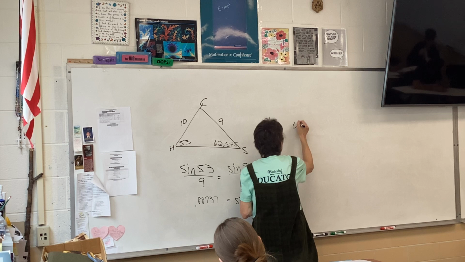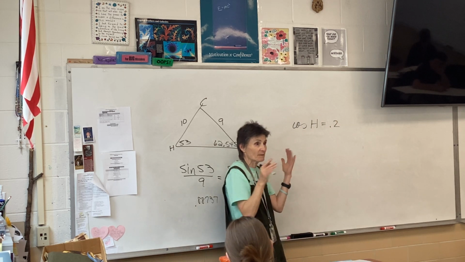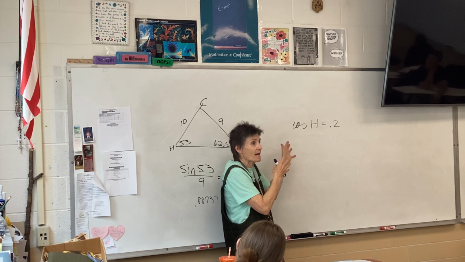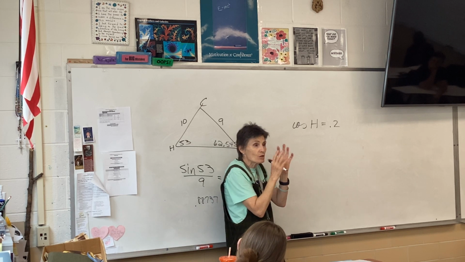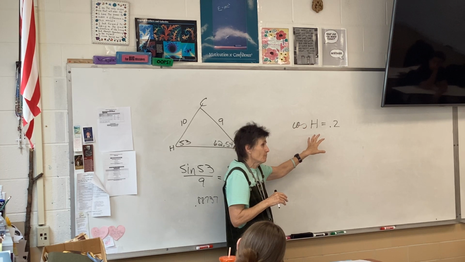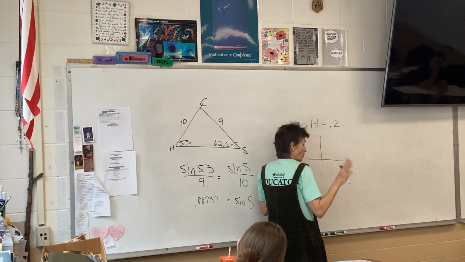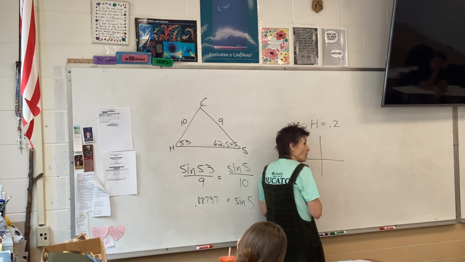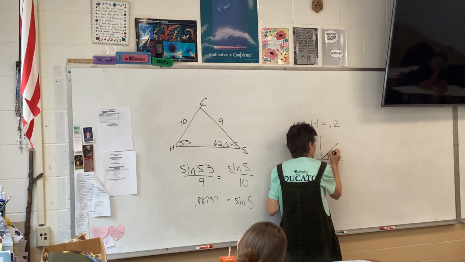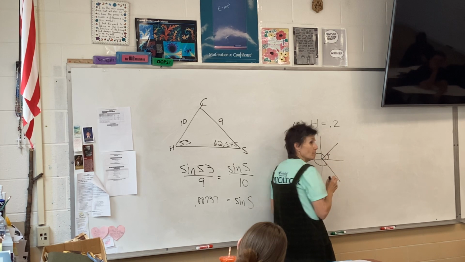When we got cosine H equals 0.2, and I'm making that up, something like that, but I don't remember what it was. When we got something like that, in a triangle, there's no issue. Remember, we already learned that if the cosine is 0.2, that angle could be in quadrant 1, or in quadrant 4.